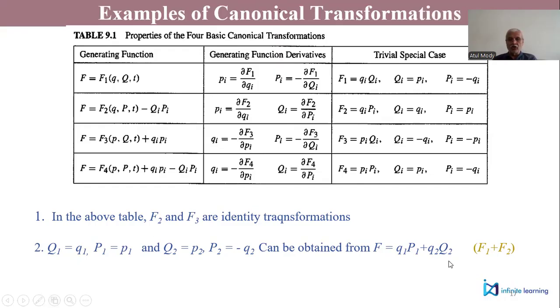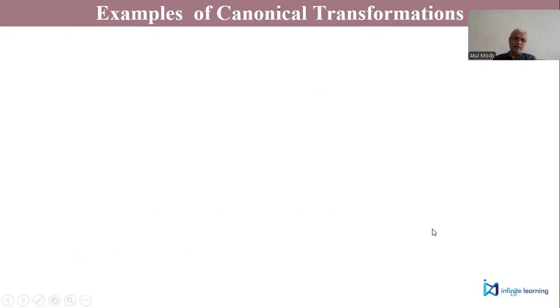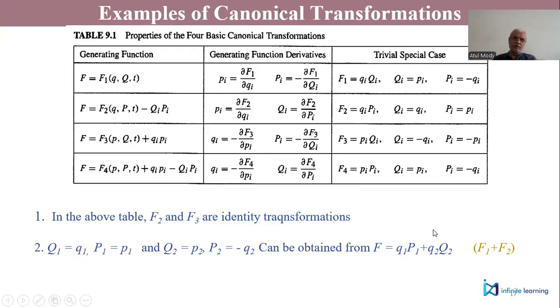So for the second degree it is of F1 type, and for the first degree it is of F2 type. So here it should have been actually F2 plus F1.